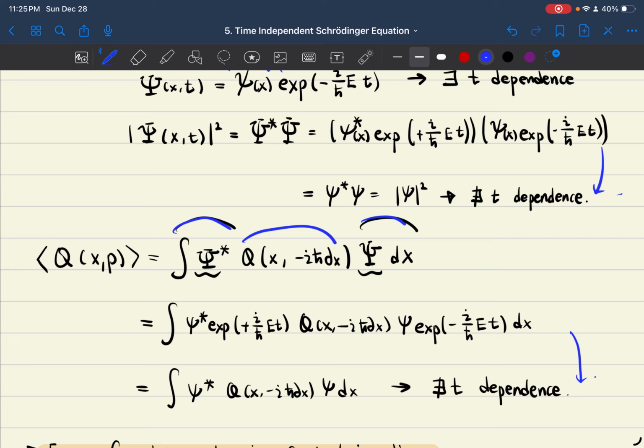We know that psi is of the form psi(x) and phi(t), and the time wiggling phi(t) cancels out because they are conjugates, and the product of exponentials is the exponential of a sum.